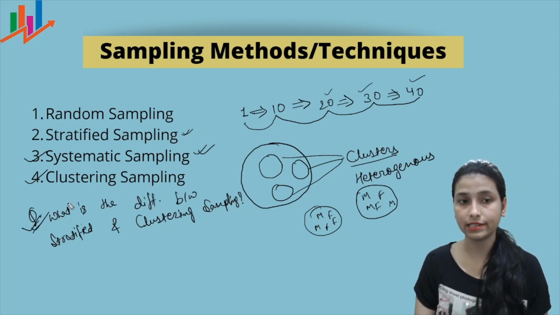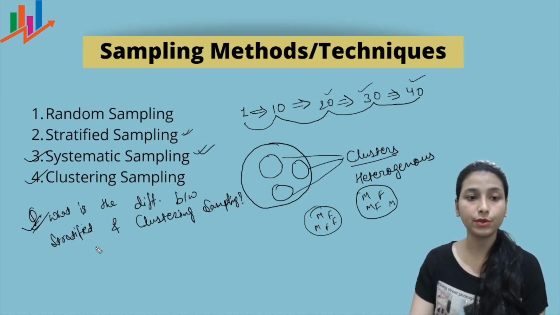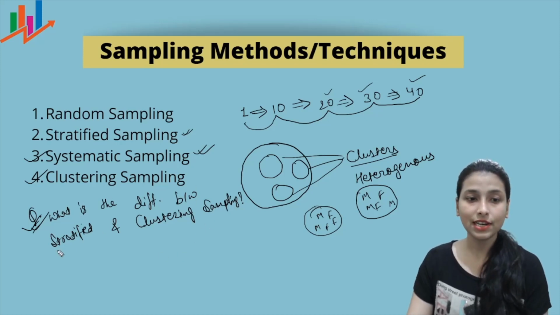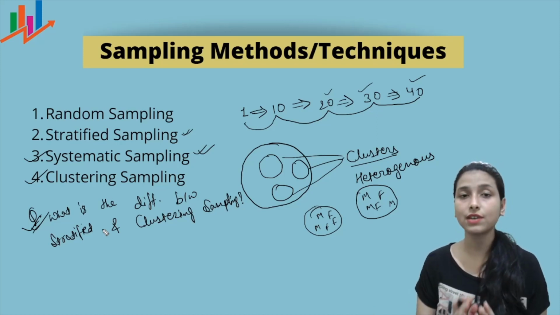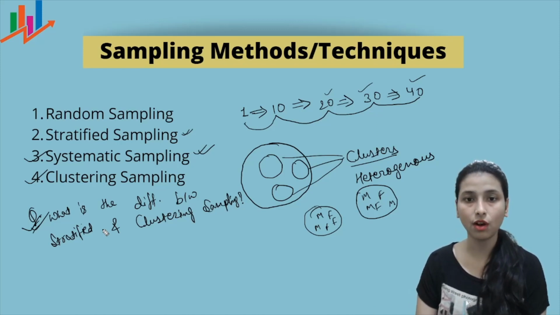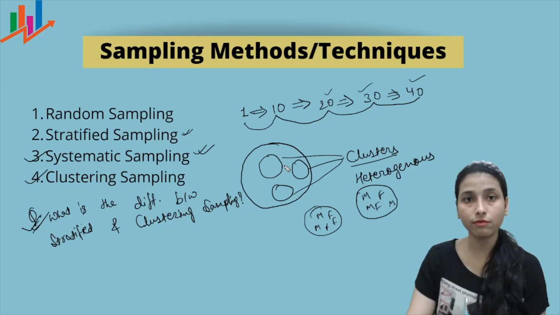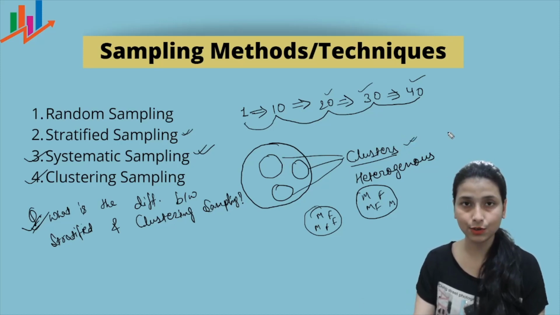When you go to attend an interview, this question might be asked. What is the difference between stratified sampling and cluster sampling? In stratified sampling, the sampling is done in the form of strata, where strata should always be homogeneous. Whereas in cluster sampling, we perform sampling in the form of clusters, where a cluster can be heterogeneous.